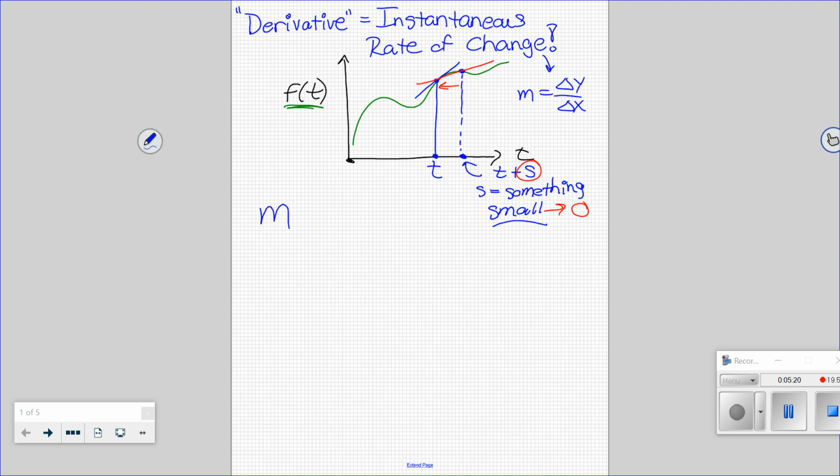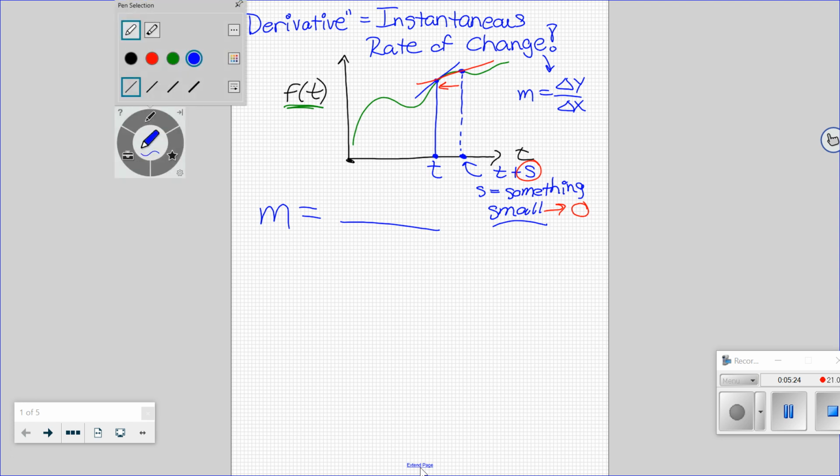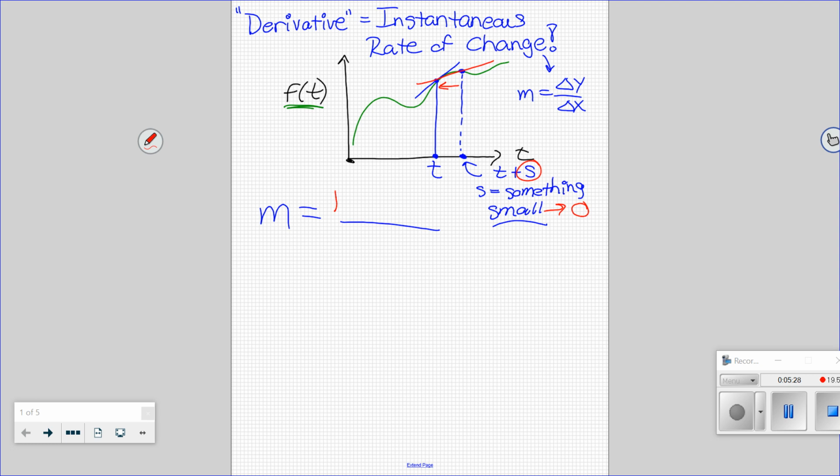My slope is, we talked about t, I evaluate the function at t plus s, my small little point, minus f of t. And then on the bottom, I'm going to have delta t for the change on the x-axis. It's just t plus s minus t.